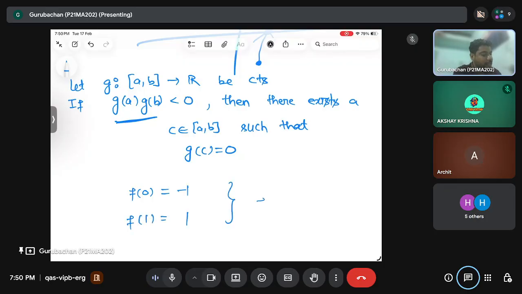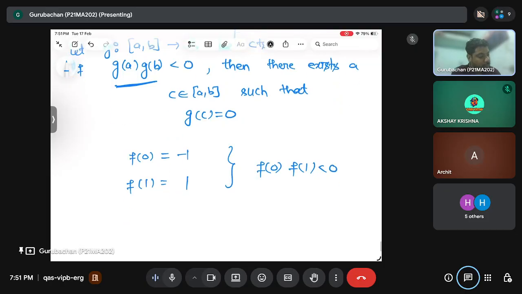So clearly f of 0 into f of 1 is negative. So that means there exists a root, and observe here I am taking only the guarantee of one solution. This will give you existence of only one root.